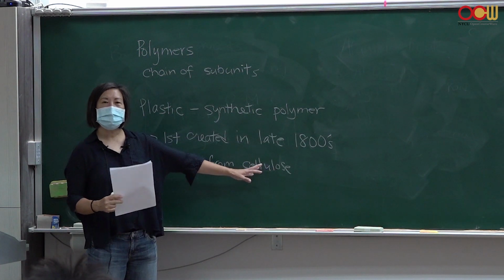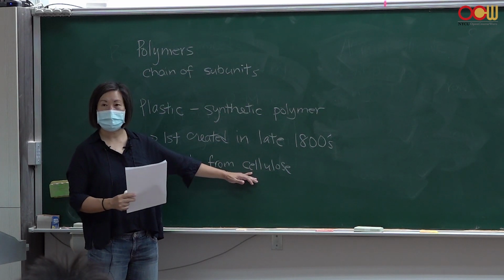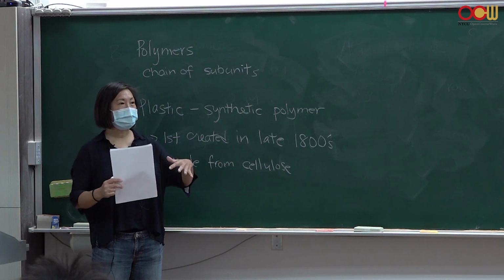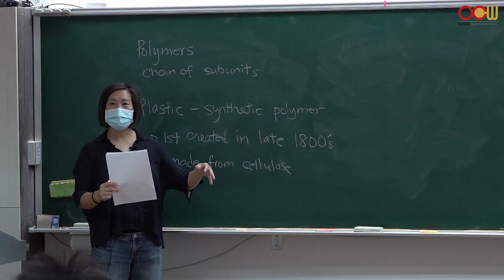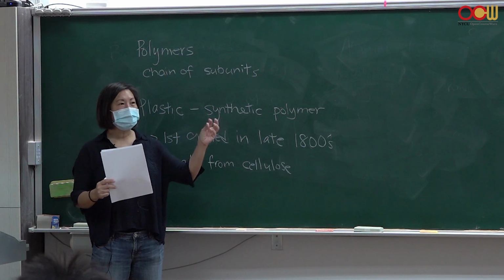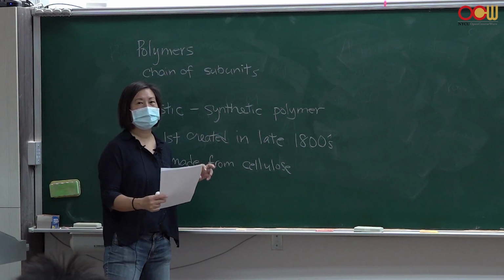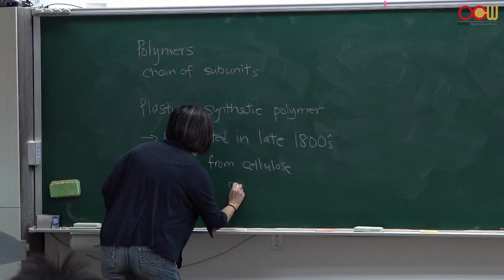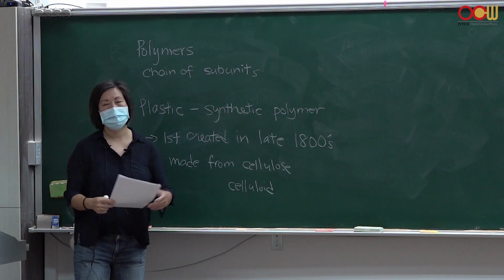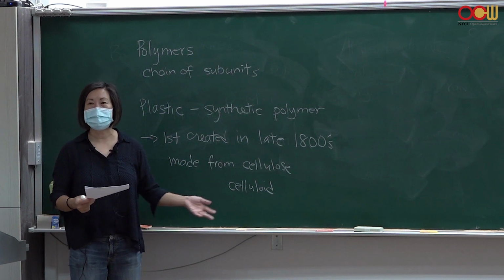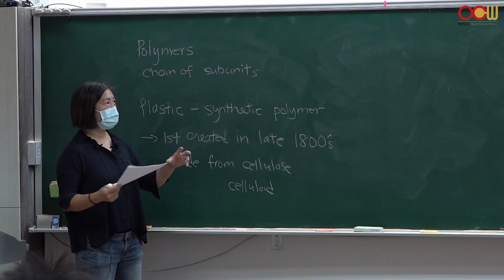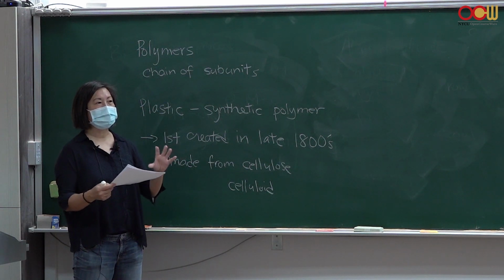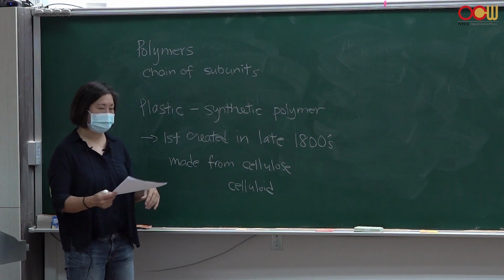Cellulose is like a fibrous material from plants and is used to make paper. But if you can use a chemical reaction to cause the units to join, you can actually get a plastic material called celluloid. And a lot of old film was made from celluloid. Film as in like to take pictures and photographs and movies, that kind of plastic.